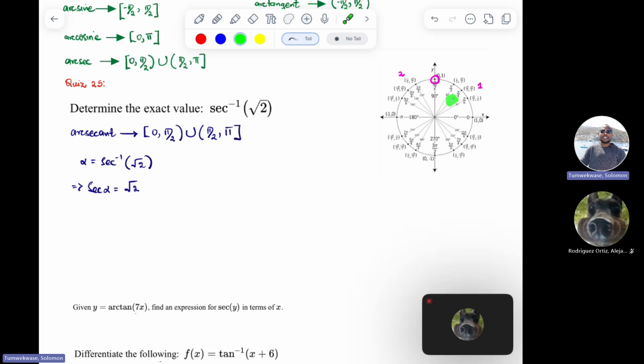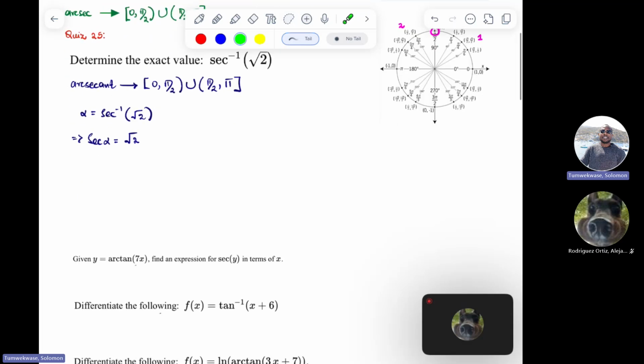So we know that here all of them are positive, and then here only sine is positive, but secant is related to cosine. In fact, I can write this as 1 over cosine alpha is equal to square root of 2, and this means that cos alpha is 1 over square root of 2.